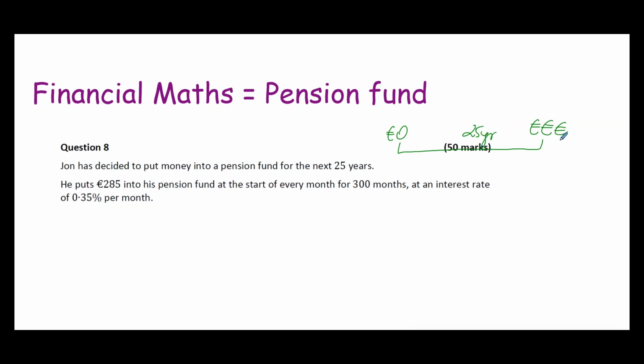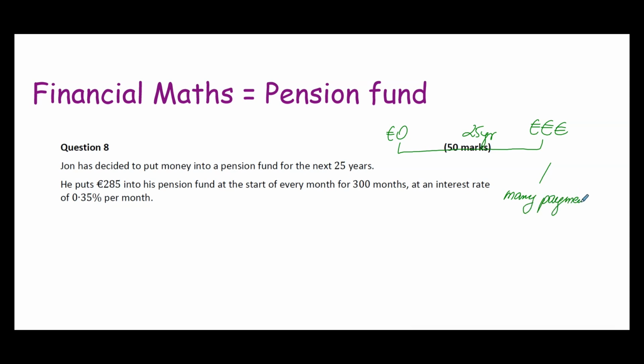Now, one thing that we have to identify in our question: are we talking about a lot of payments, doesn't matter whether we are creating a pension fund or repaying a loan, or are we talking about a one-off payment? If it is a lot of payments, we'll just write that: many payments.